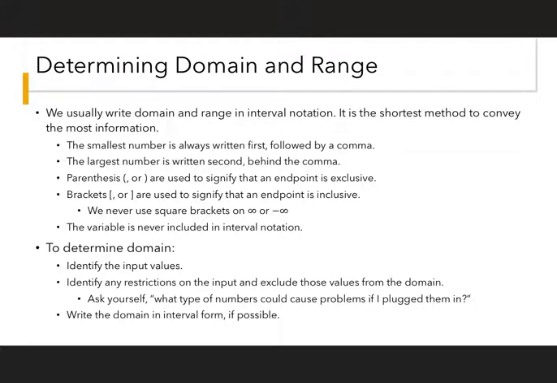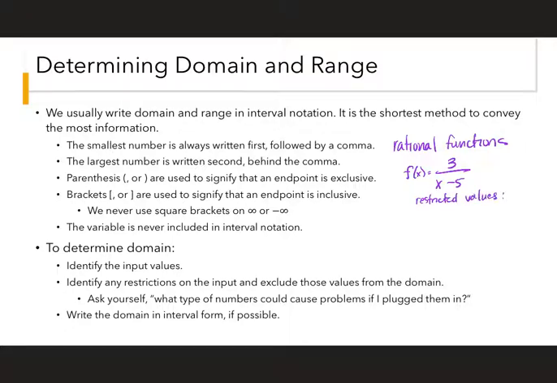To determine domain, we need to identify the input values and any restrictions that might be on those. Now in rational functions, something like 3 over x minus 5, our restrictions, remember we went through these when we were solving and we said we had restricted values.